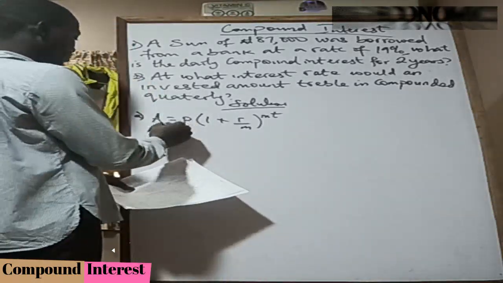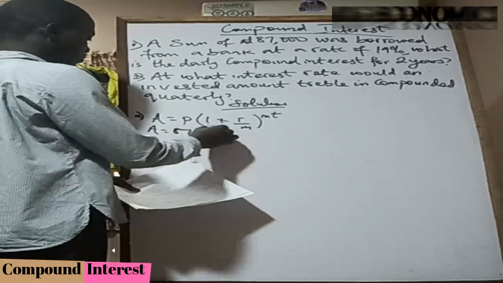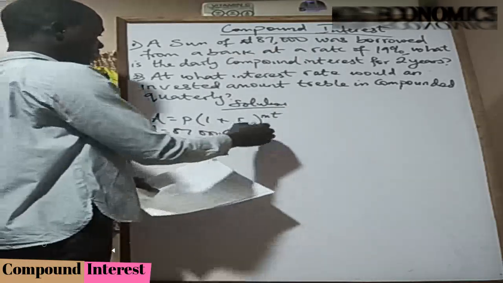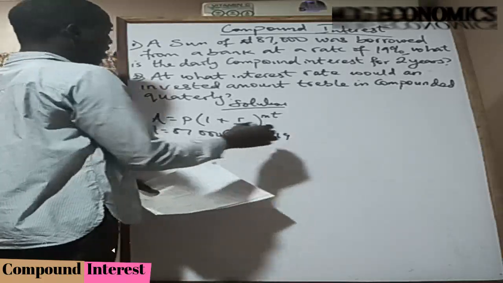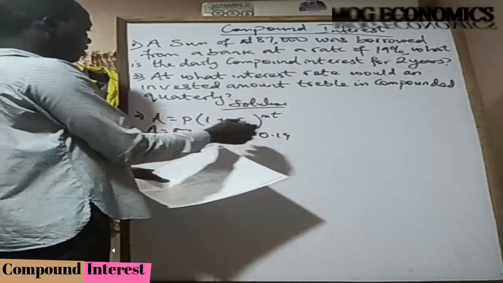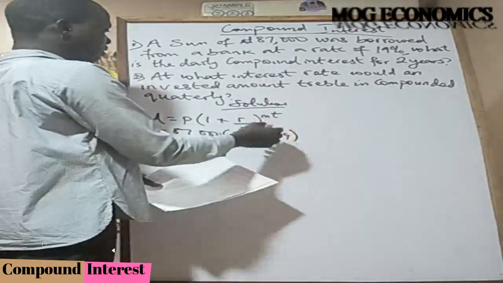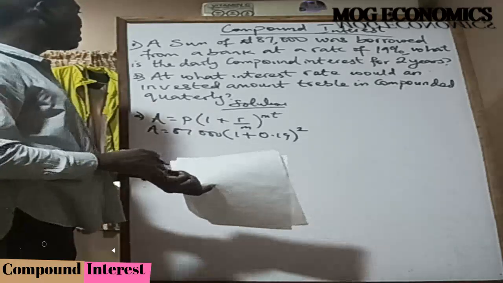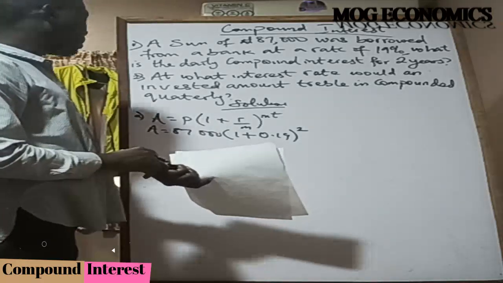So P is 87,000. 1 plus 19% is 1.19. Here, raised to power t is 2, 2 years. So what we are looking for is the daily compound interest.